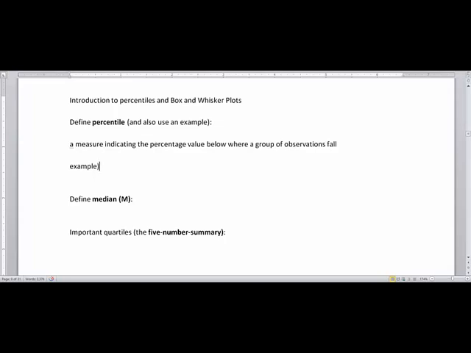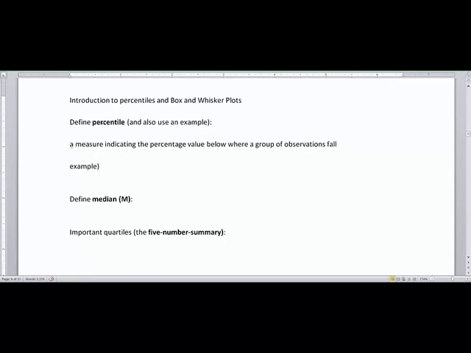Now it's important to understand that we are going to be using percentile and also the word percentage. These have different connotations, but have some linkage as well. So let's give you a quick example of what I could be talking about here.